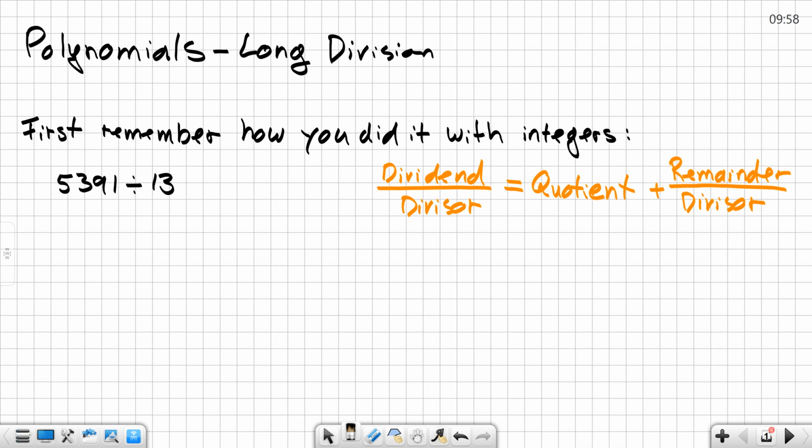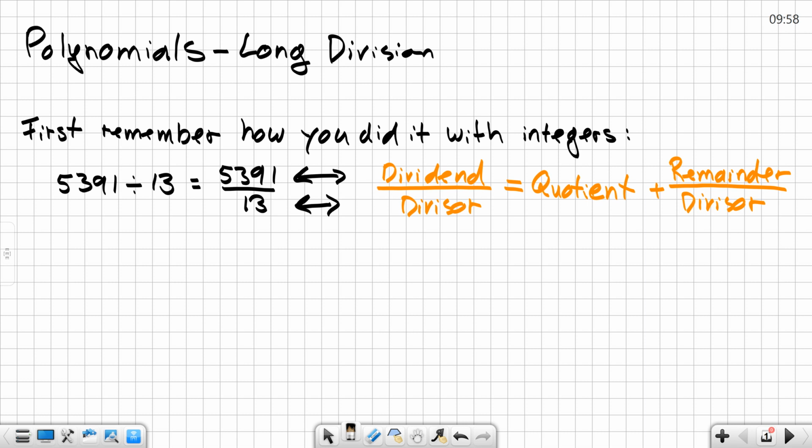Let's have a look and remind ourselves. The first thing is that I can rewrite this as a fraction: 5,391 over 13. The one on the top is the dividend. The one on the bottom is the divisor.